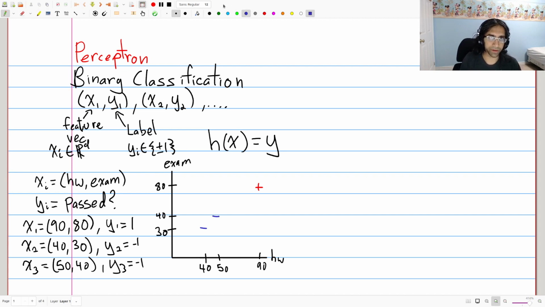So now these are just some example points, but the question is, can we predict what if we're given a further set of homework and exam pairs? So suppose somebody came in with, say, x equals 50, 60. What is y? Did they pass or not? Can we learn it from this data that we have here?